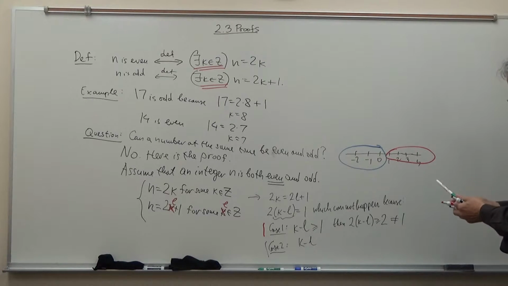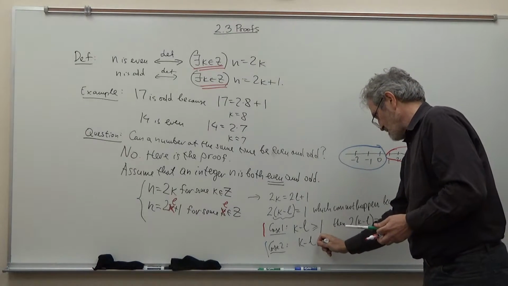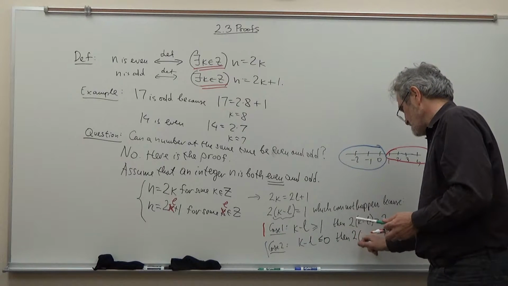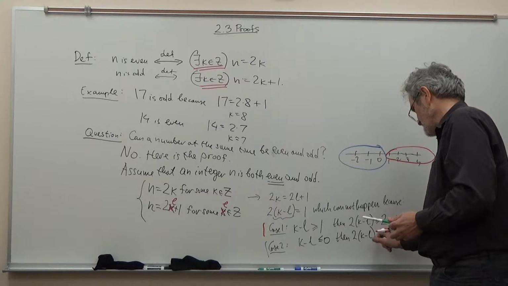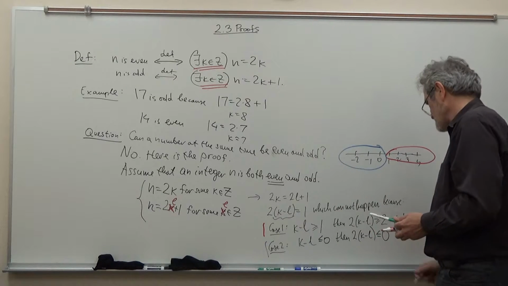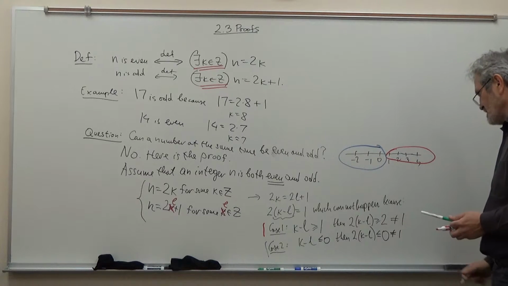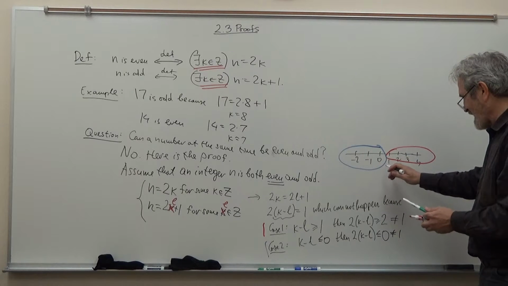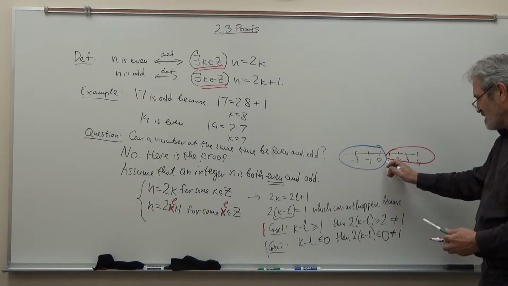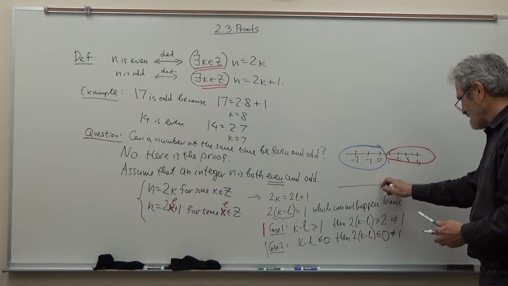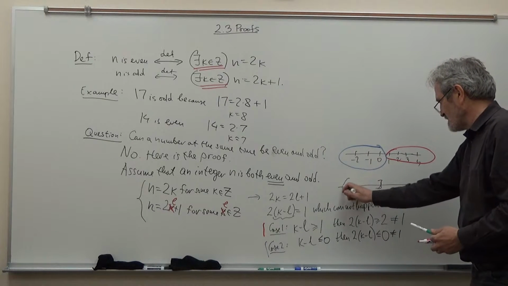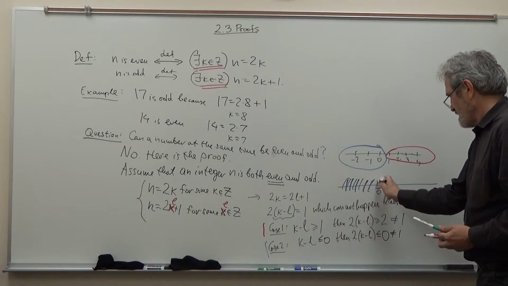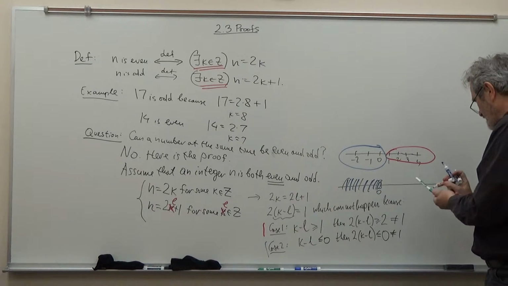Now you are in the blue territory, so k minus l is less than or equal to 0, but then 2 times (k minus l) would also be less than or equal to 0, so it cannot be 1. When you double it, the gap becomes bigger, because the blue guys, when you double them, give a result that's 0 or below, and the red guys give you 2 or above.